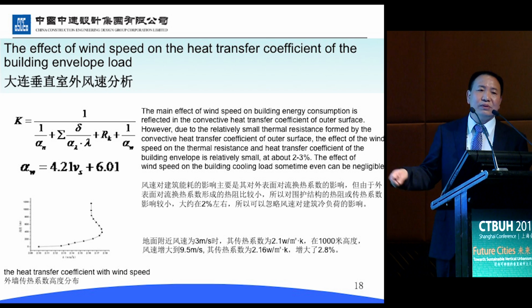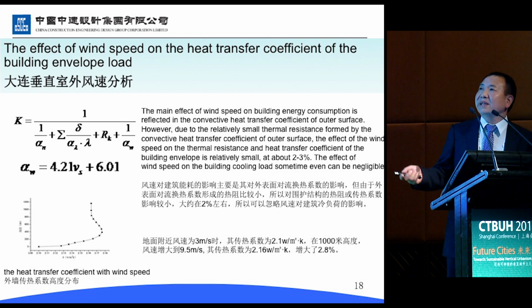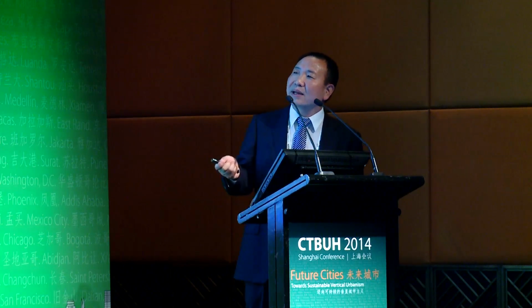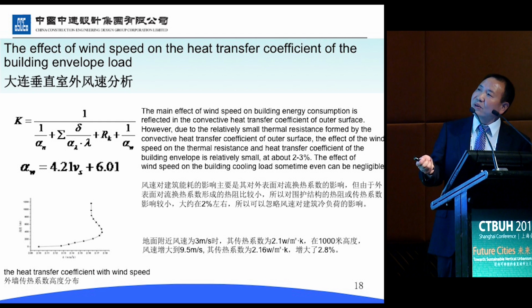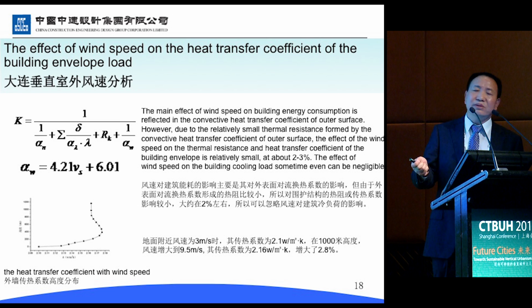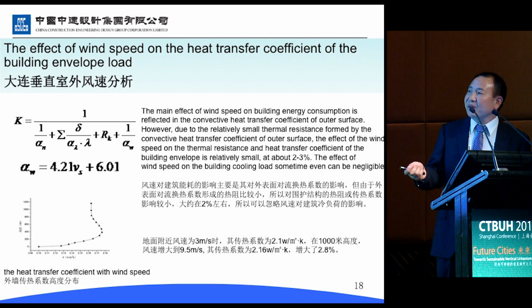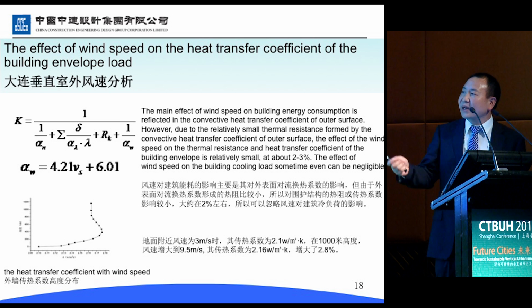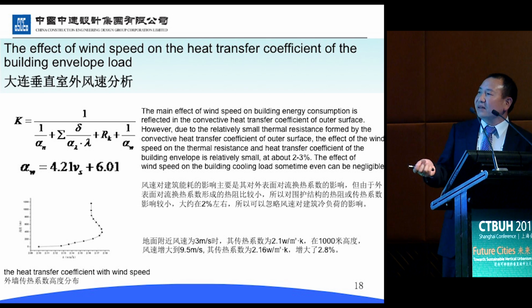However, due to the relatively small thermal resistance formed by the convective heat transfer coefficient of the outer surface, the effect of the wind speed on the thermal resistance and the heat transfer coefficient of the building envelope is relatively small, at about 2 to 3%.